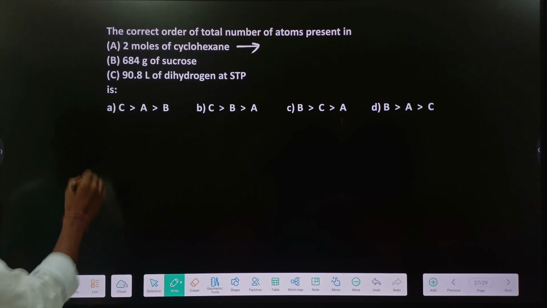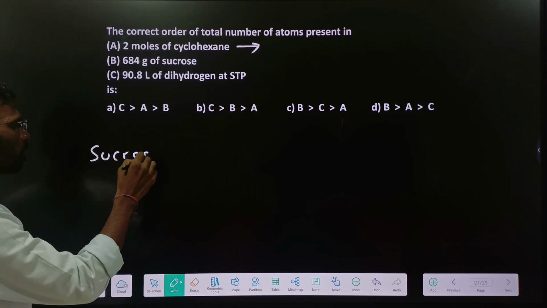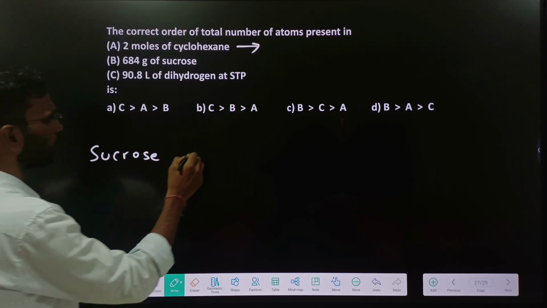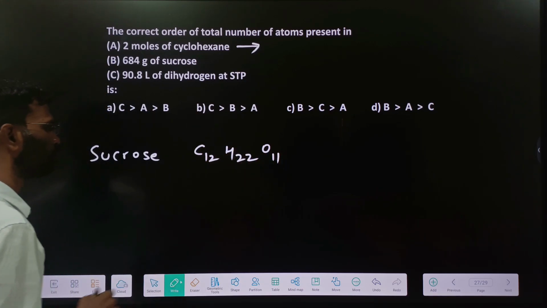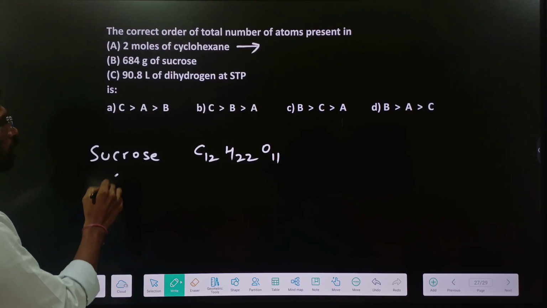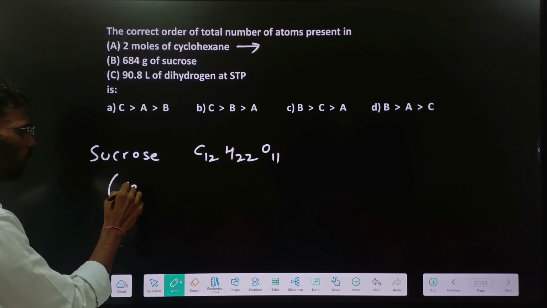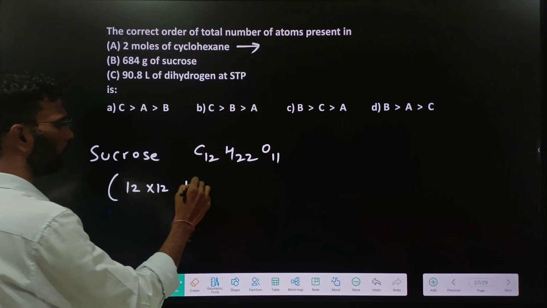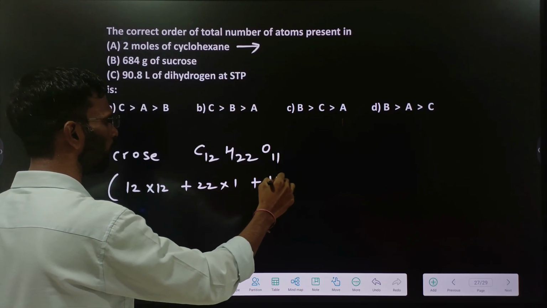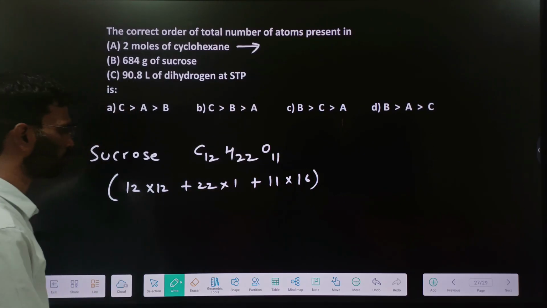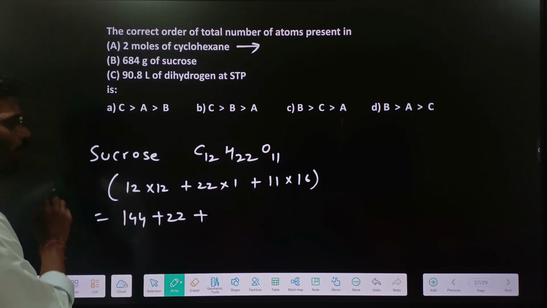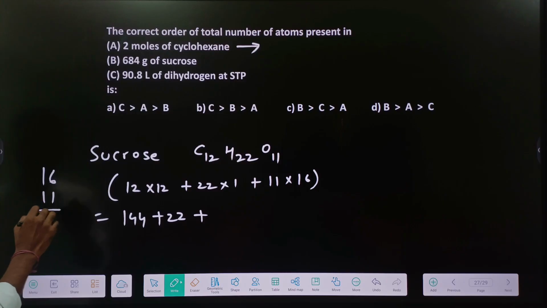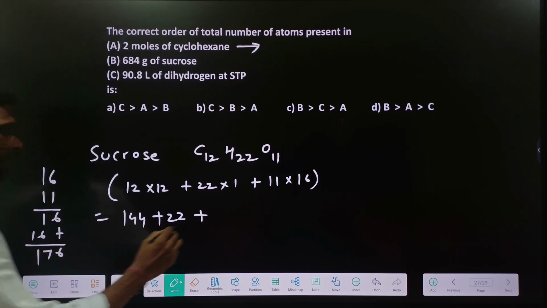684 gram of sucrose. What is sucrose? C12H22O11. So what will be the molar mass of this? Molar mass will be 12 into 12 plus 22 into 1 plus 11 into 16. So this is 144 plus 22, and 11 into 16 is how much? 176.